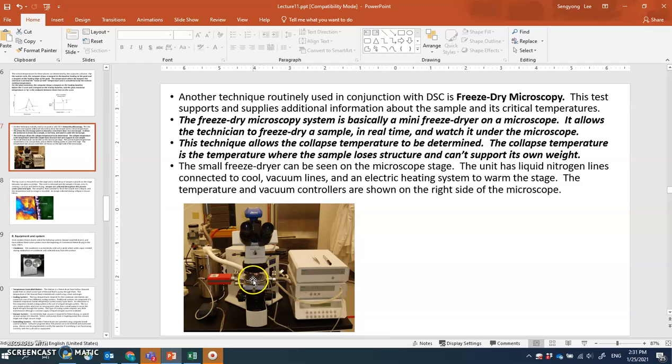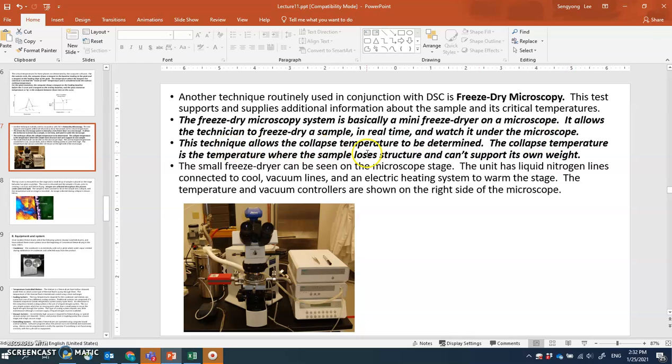And while your drug molecule is being freeze-dried, you can take a look at the condition of your freeze-dried drug under the microscope, using polarized light. So it is basically a mini freeze-dryer on a microscope. It allows the technician to freeze-dry a sample in real time and watch it under the microscope, under polarized light.